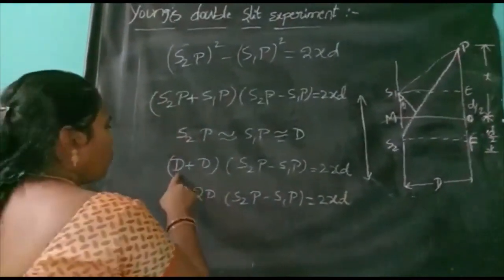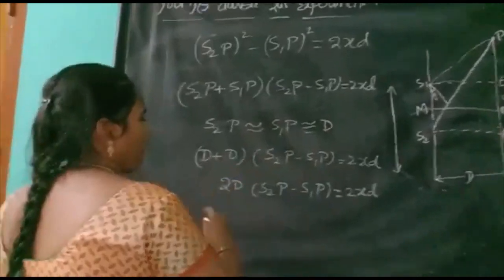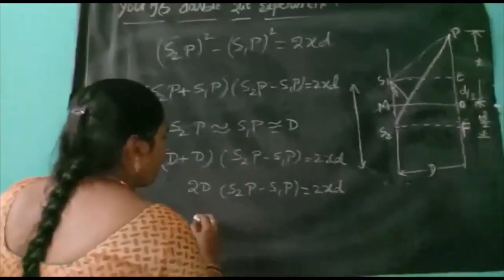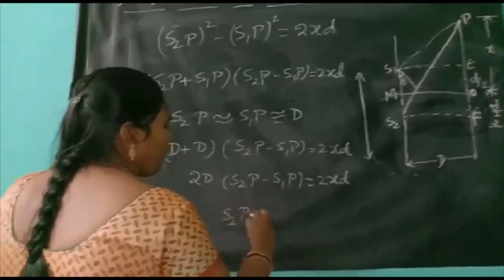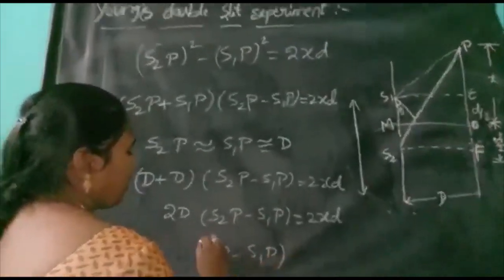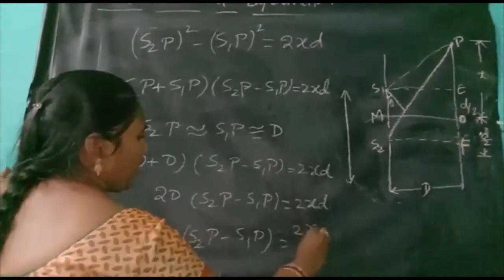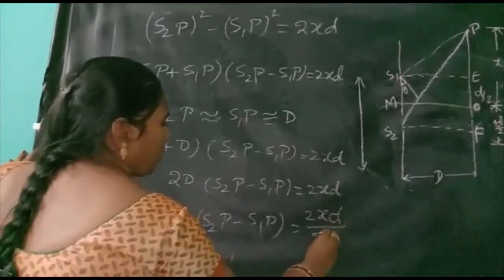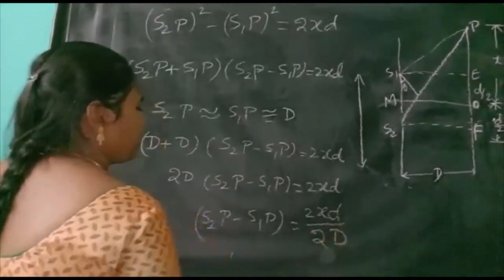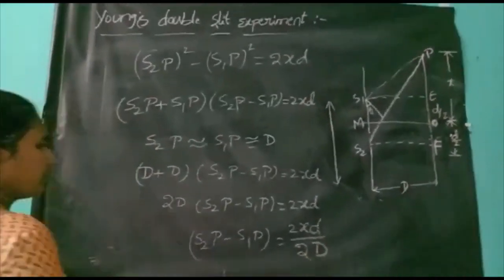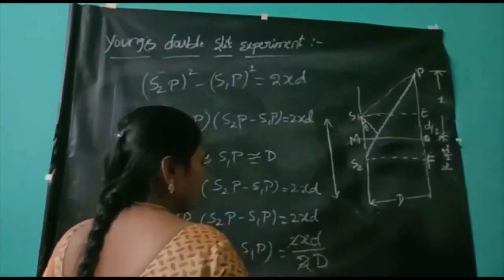Here why we put D is total distance, that's why 2D. S2P minus S1P is equal to XD by 2D. Term will be cancelled.